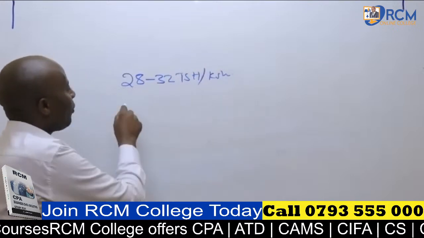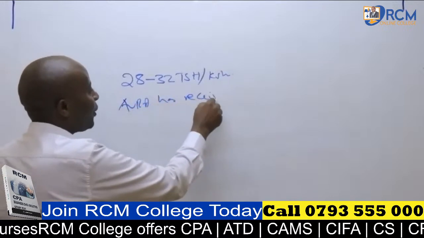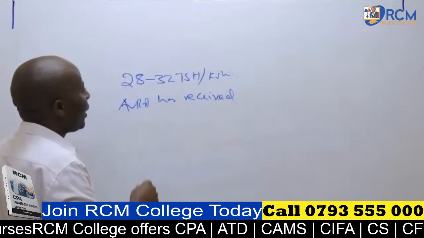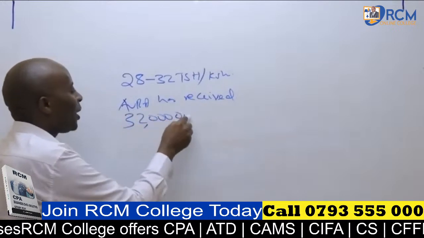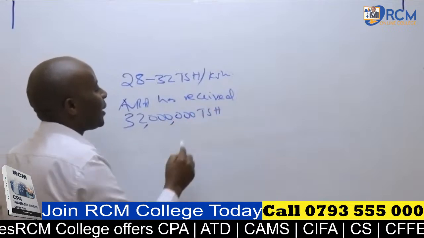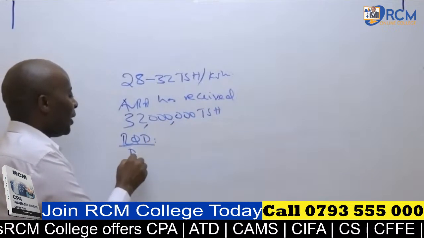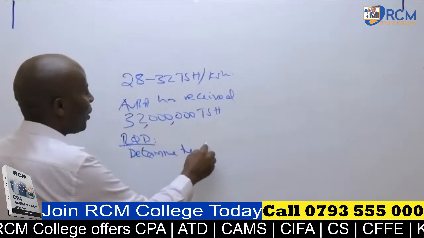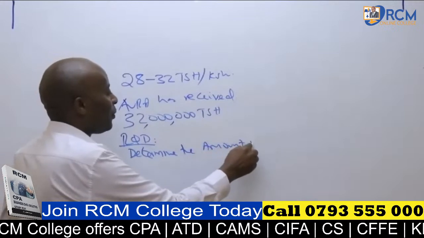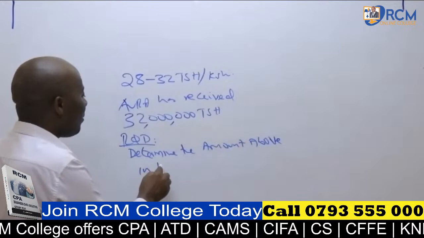And then we have here, Aura has received 32 million. I'm a millionaire in terms of Tanzania shillings. 32 million Tanzania shillings. So you are required here to determine the equivalent of the above amount in Kenya shillings.